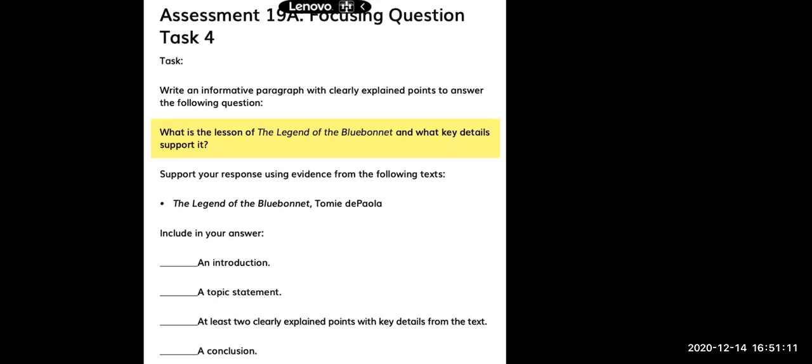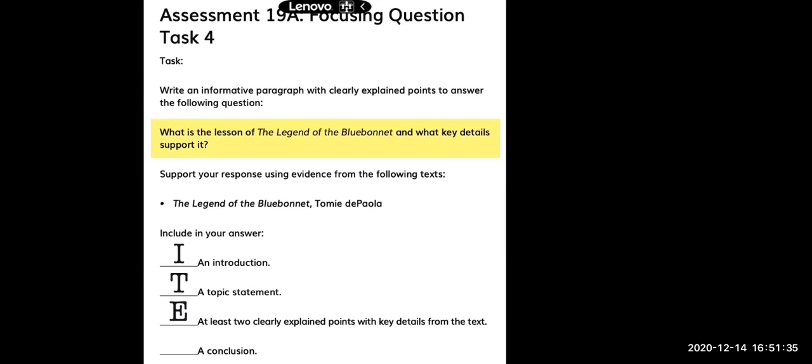Now let's take a look at the checklist of everything that needs to be included in your paragraph to have a complete paragraph that responds to this question. Your paragraph will need an introduction or an introductory statement. It will also need a topic statement that answers this question.